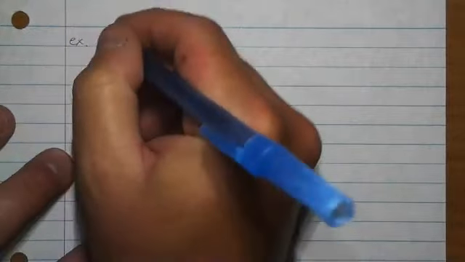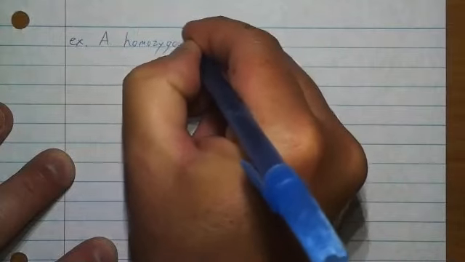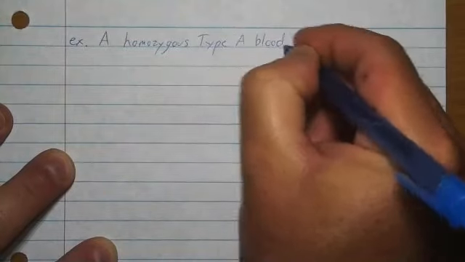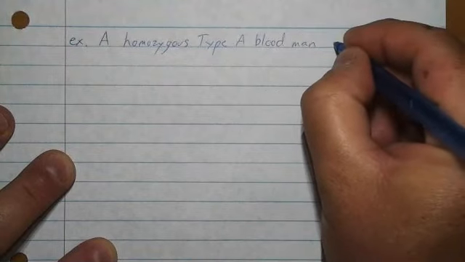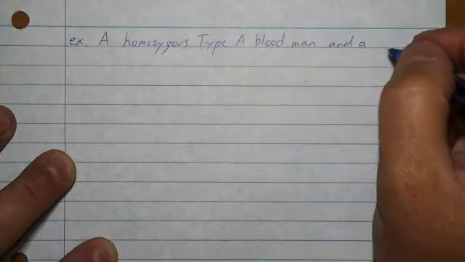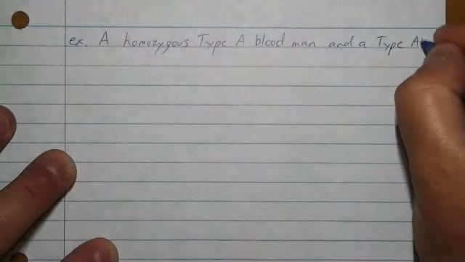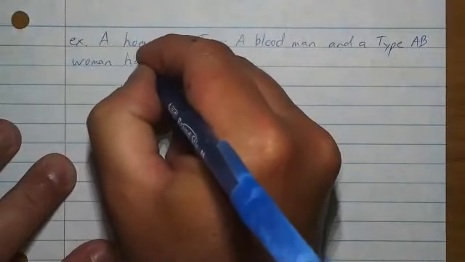All right, let's do an example problem with this. A homozygous type A blood man and a type AB woman have children.